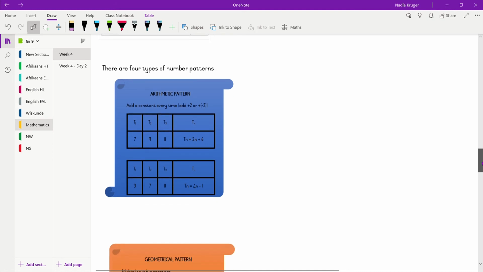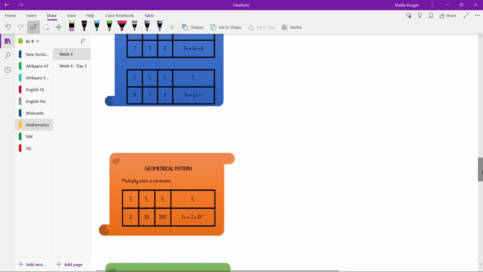Okay. Then we get geometrical patterns. This is a pattern where we multiply with a constant, not add it. So in the previous example, we went from 7 to 9, from 9 to 11. So every time we added a 2. Here it was 3 to 7, 7 to 11. So every time we added a 4. But if we look at the geometrical patterns, we can't add a constant to get to the next term.